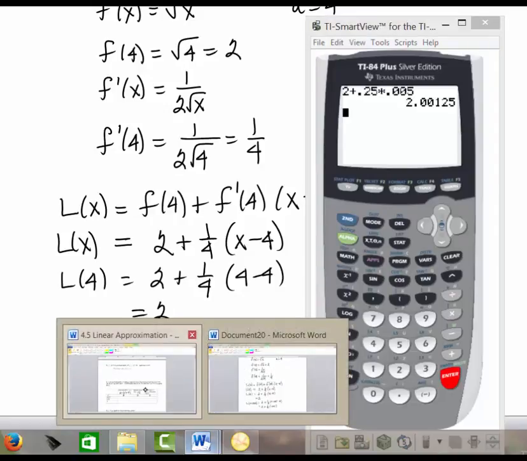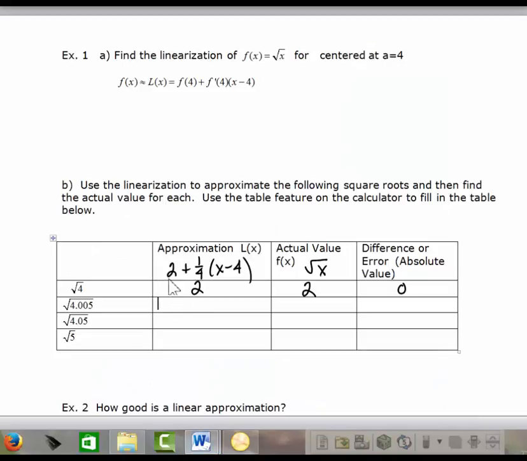So let's put that value in here. This is our linearization at 4.005. So 2.00125 is what this linearization gives us as an approximation for the square root of 4.005.